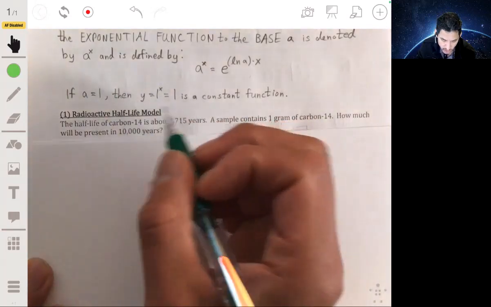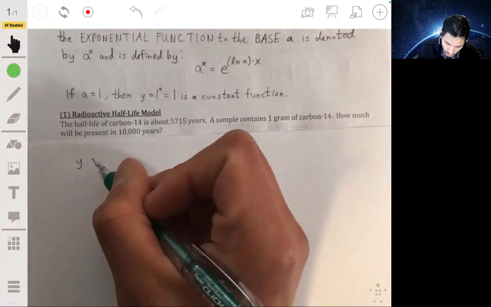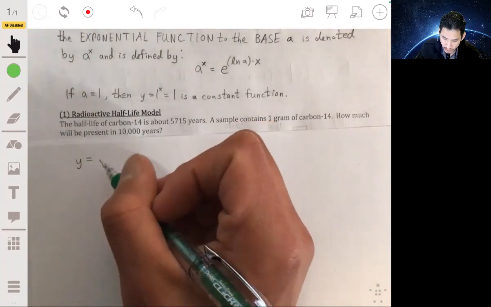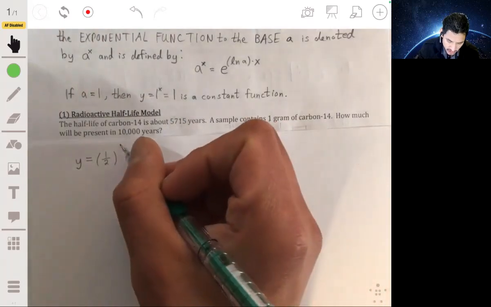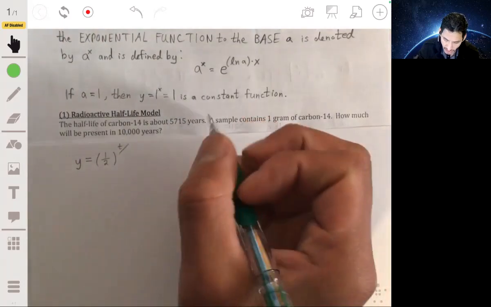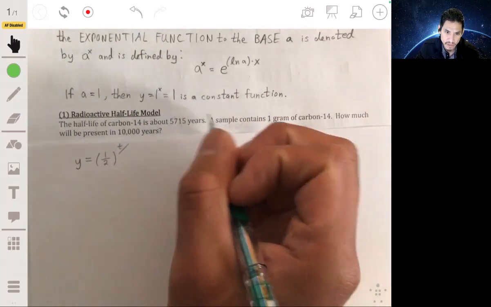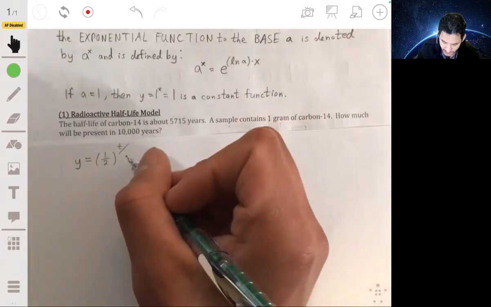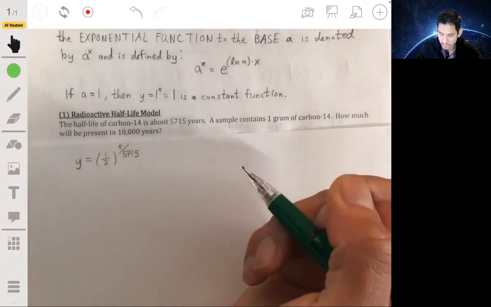So what you can do is write that the amount of carbon-14, or y, will be equal to 1/2 raised to the t power divided by the length of time it takes to get to that 1/2. So the length of the half-life, which is 5,715.